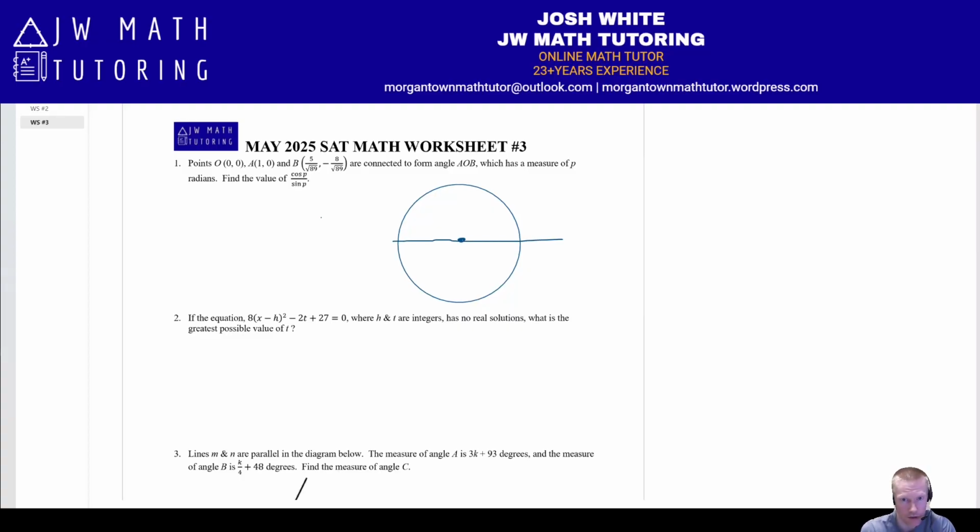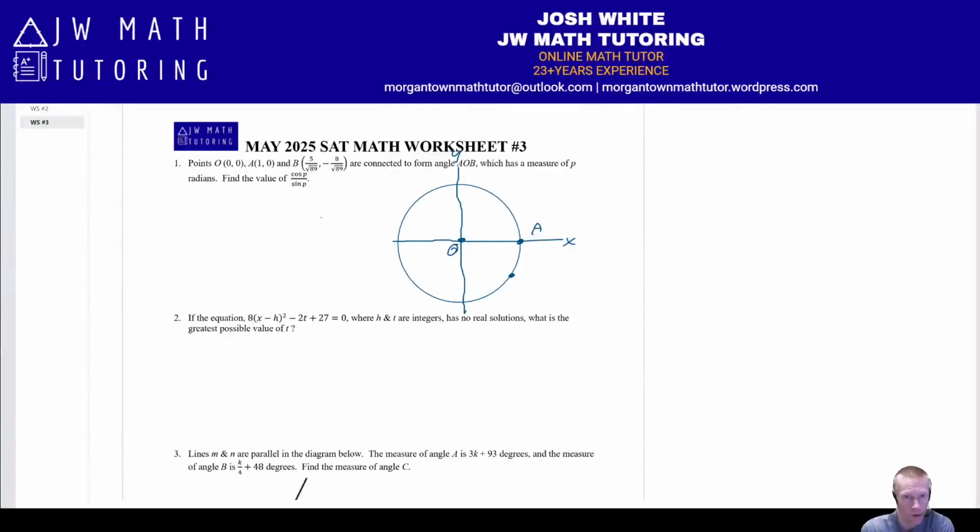So say here's your x-axis, here is your y-axis, x and y. Right here would be O at 0, 0. Out here at 1, 0 would be A. And then technically down here on the unit circle would be something like this.